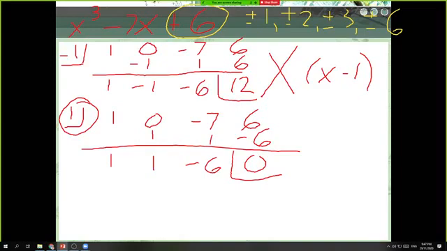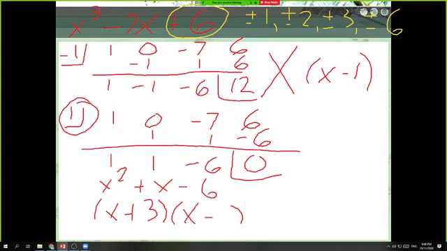So, what about the other factors? So, I'm going to be using the result here. X squared plus x minus 6. I will be doing factoring now. So, I will have x plus 3 and x minus 2. So, the other factors are x plus 3 and x minus 2.